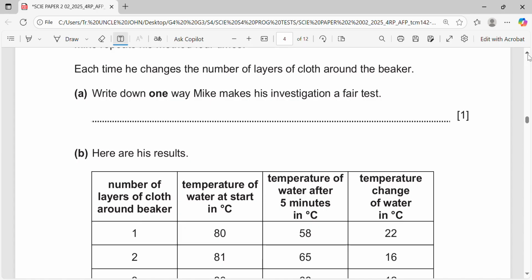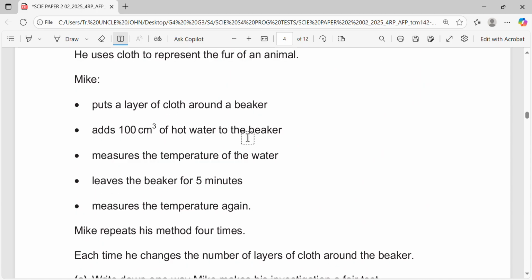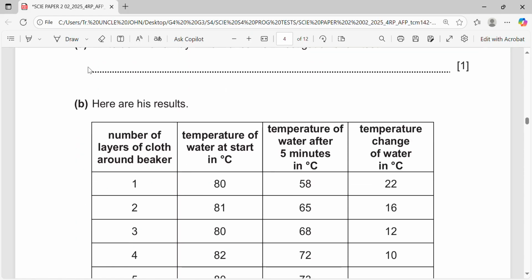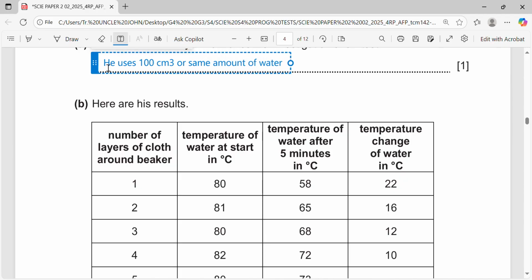One way is, you can say that he uses 100 cubic centimeters, or same amount of water each time.